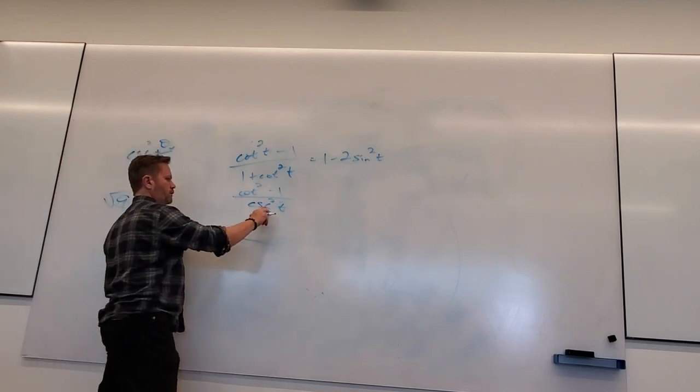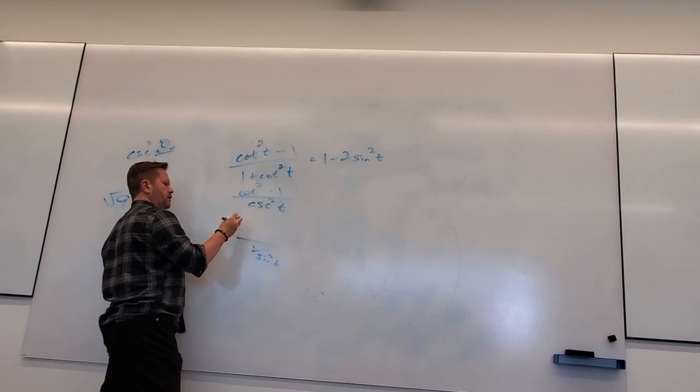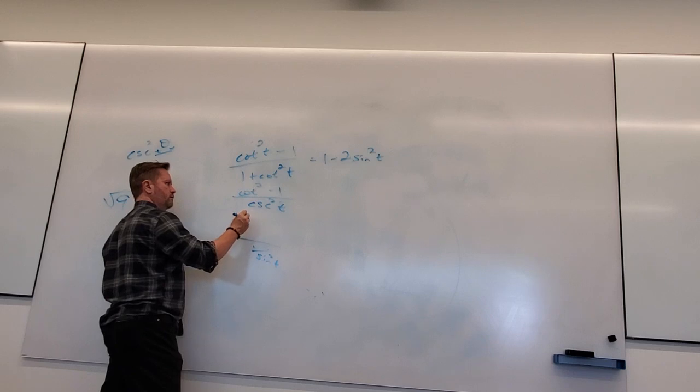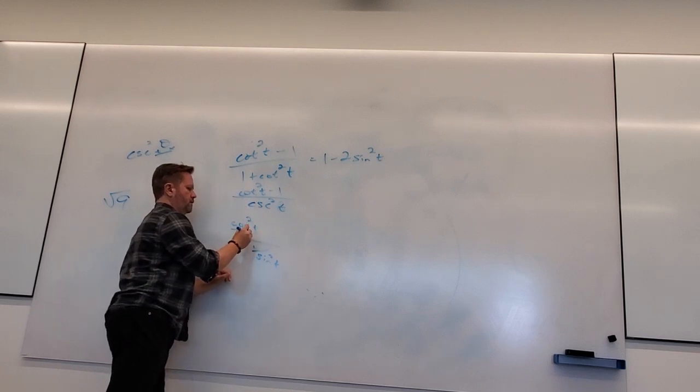So what's cosecant squared? 1 over sine squared. And cotangent squared is cosine squared over sine squared.